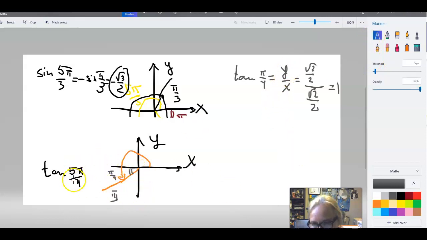Y is negative, x is negative in the third quadrant. When you divide negative by negative, you get a positive result. So tangent 5 pi over 4 equals positive 1, because in absolute value tangent 5 pi over 4 equals tangent pi over 4, and in sign it's the same.